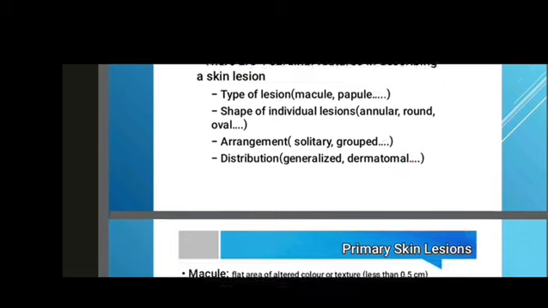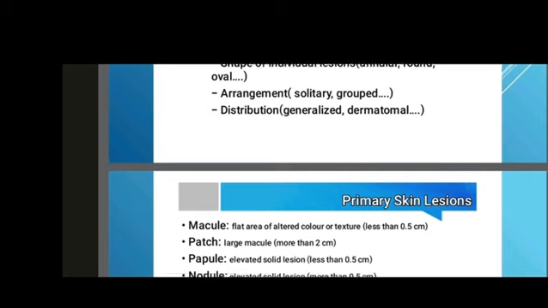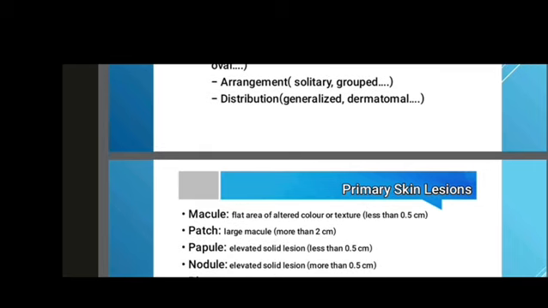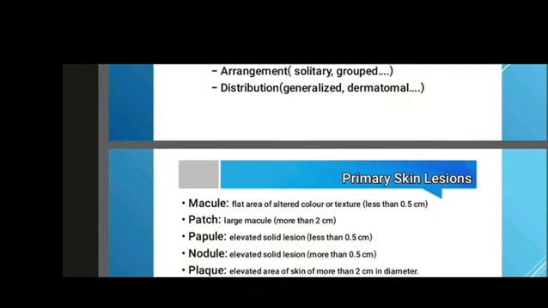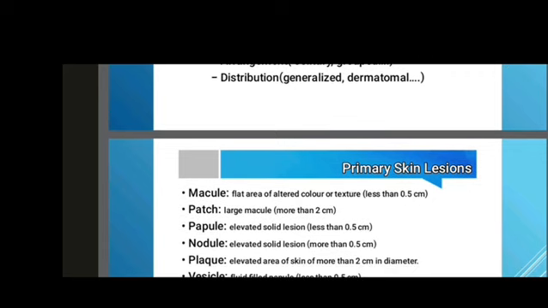When we come to primary skin lesions, in dermatology those terms are very confusing. First, we are going to see the important or confusing dermatological terms, which are the primary skin lesions.